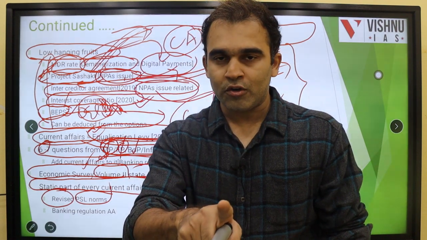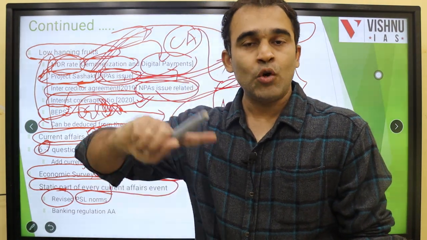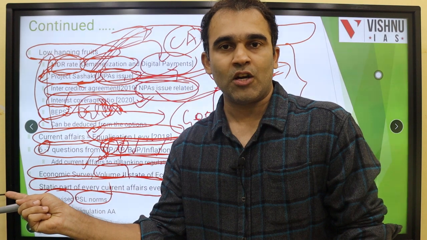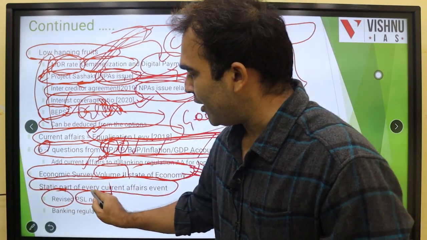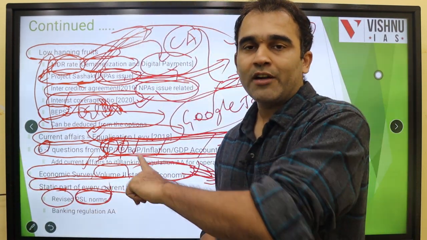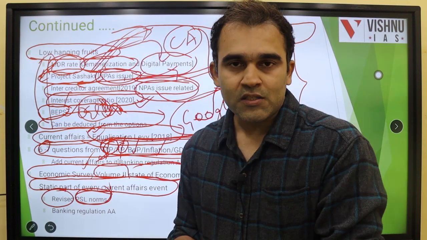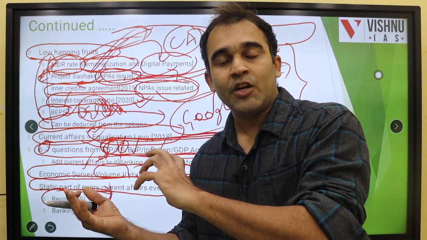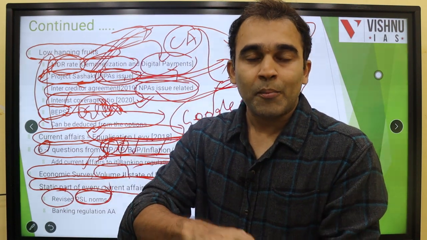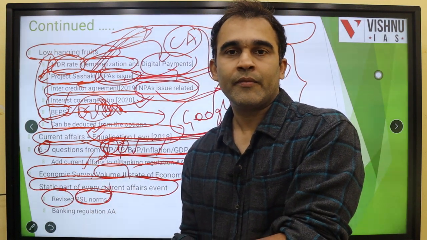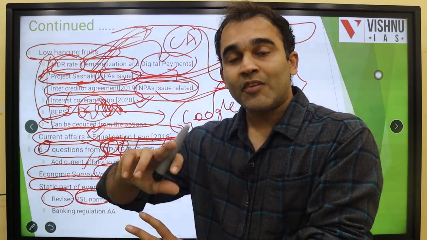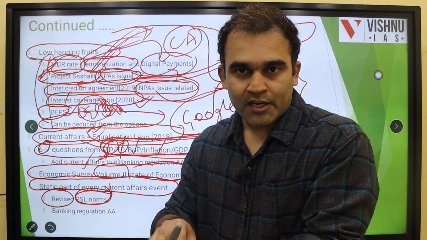Your responsibility is not to just read and remember the new additions to PSL norms, but you also need to know what the PSL norms are, what the percentages are that need to be followed by Indian banks and by foreign banks. What are the subsectoral limits within priority sector lending?